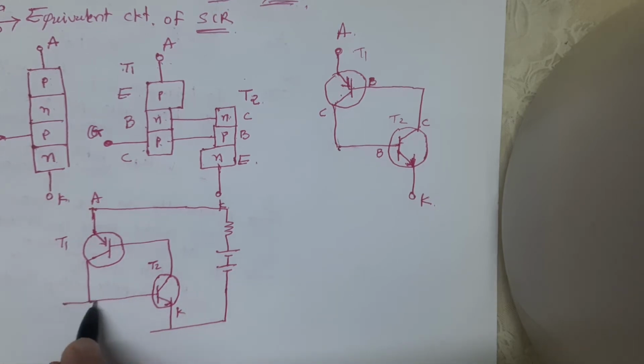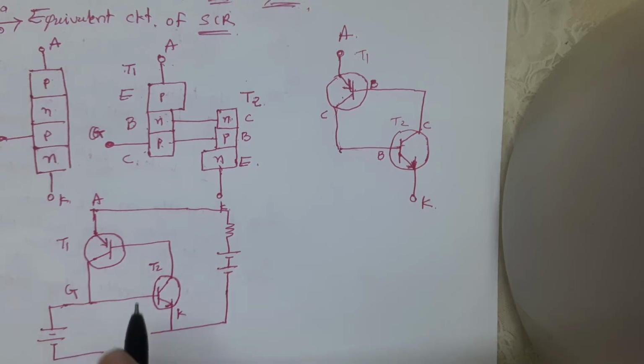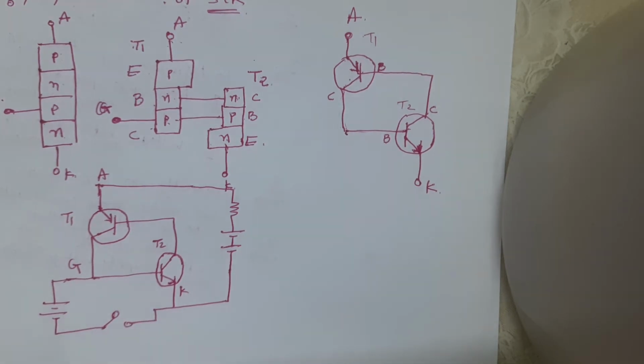This is nothing but our gate, and at the gate there is a small 1.5 volt or 2 volt supply, and this is your switch S, right? When it is connected, gate voltage is given.